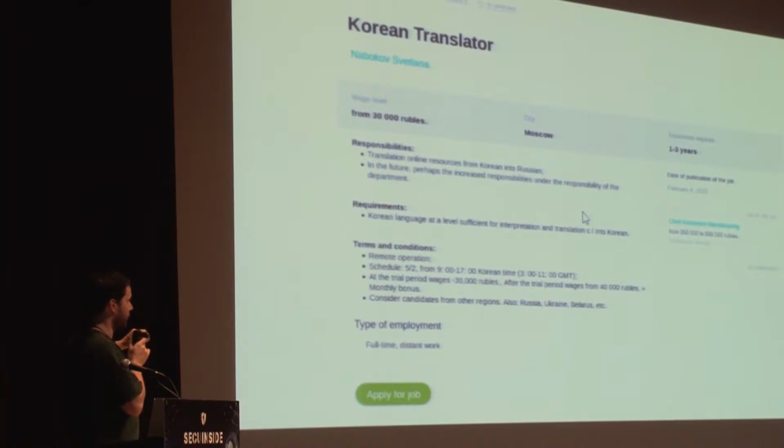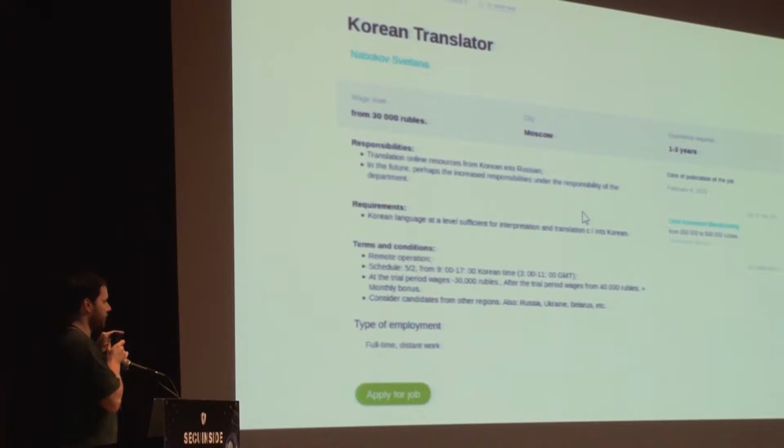And you might remember that the Korean targets were added at the end of February. This job advertisement was from the 4th of February. And basically what they're asking for is a Korean translator that can work between a certain time, and that is either located in Moscow, or if working remotely, he or she has to be in Russia, Belarus, or Ukraine. Either of those 3. No other countries are accepted.